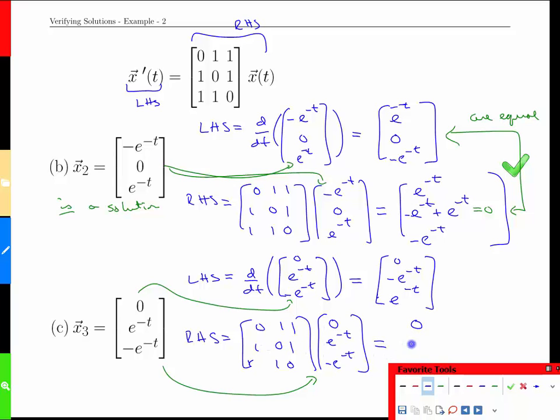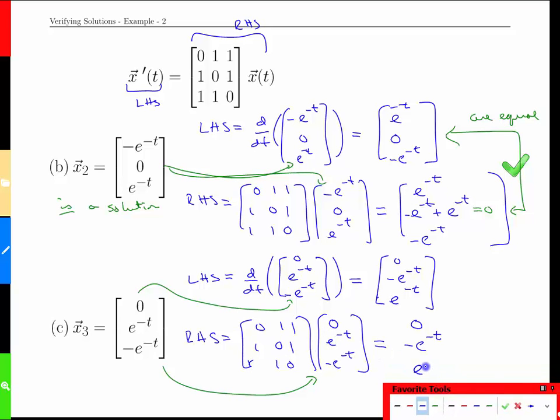The next one we're going to have negative e to the negative t, and the last row will have 0 and positive e to the negative t. We compare the left-hand side and the right-hand side, and lo and behold, these are equal. Big check mark. And so x3 is a solution.